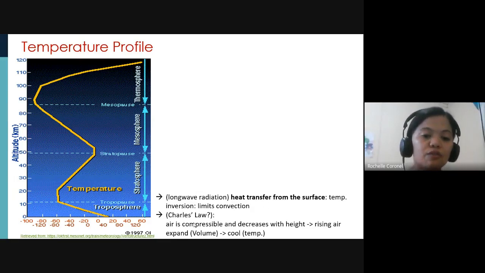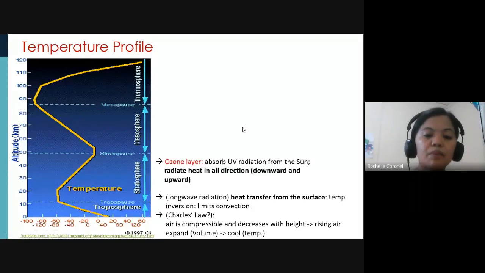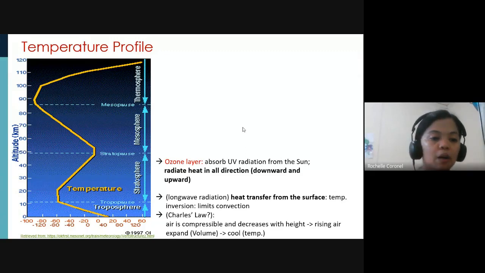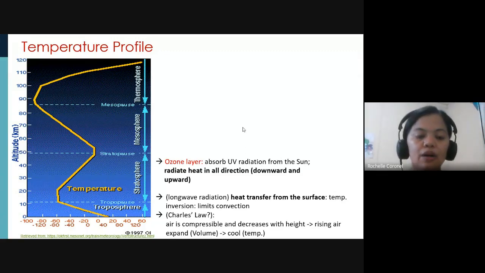And again, in the stratosphere, we know that there was an inversion of the temperature profile, so it's now increasing with height. This is because of the ozone layer near the middle of the stratosphere. The ozone layer absorbs UV radiation from the sun, and it radiates heat in all directions, downward and upward.